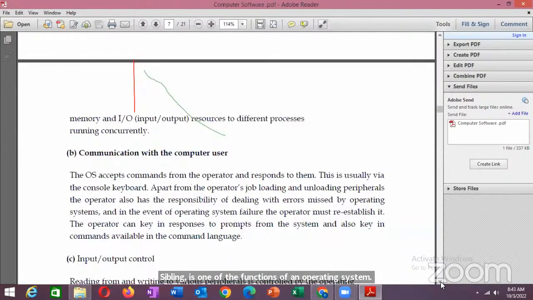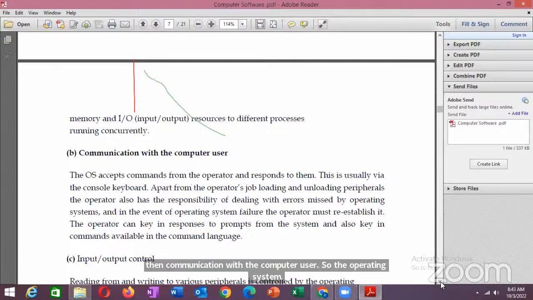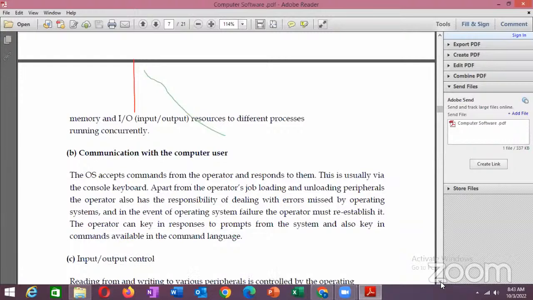And then communication with the computer user. So the operating system accepts commands from the operator and responds to them. This is usually via the console keyboard. Apart from the operator's job of loading and unloading peripherals, the operator also has the responsibility of dealing with errors missed by the operating system.